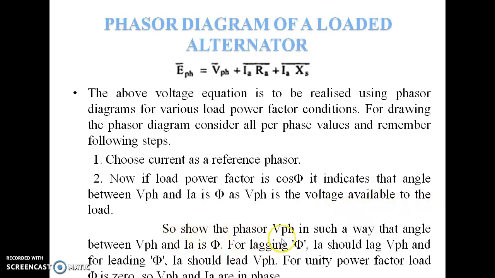So, draw the phasor VPH in such a way that the angle between VPH and IA is phi always. For lagging phi, IA should lag VPH, and for leading phi, IA should lead VPH. For unity power factor load condition, phi is 0, so VPH and IA are in phase with each other.